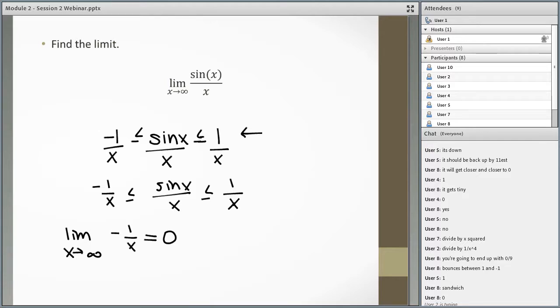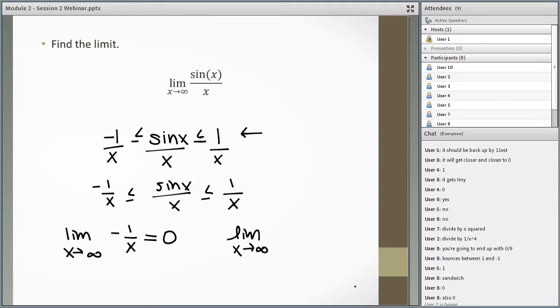Good. It goes to 0. If I choose infinitely large numbers for x, and I divide negative 1 by those infinitely large numbers, I'm going to get a negative number, but it's a negative number that's getting closer and closer to 0. What about the other side? Good. It will also be 0. So that means that I can conclude that the limit of sine x over x also goes to 0 as x approaches infinity.